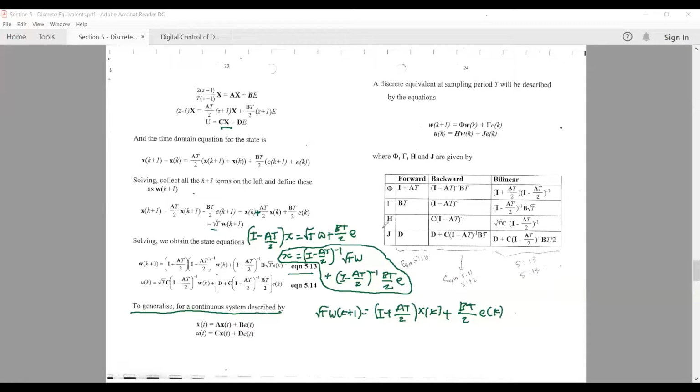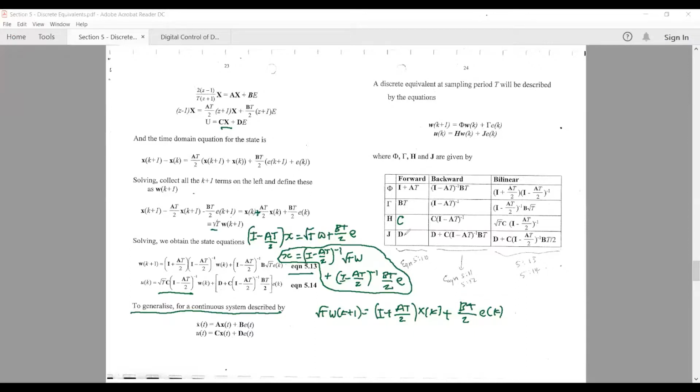H for forward, H will be C. For backward, H will be C times I minus AT inverse. And for bilinear, H will be this quantity here, which is root of T times C into I minus AT over 2 whole thing inverse.